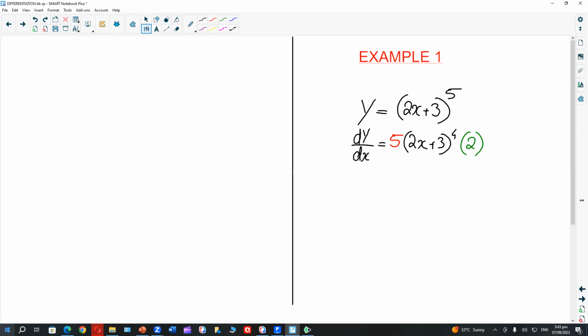So the derivative would be simply 2. So 5 and 2 are left. Okay, I understand now. Copy this screen.